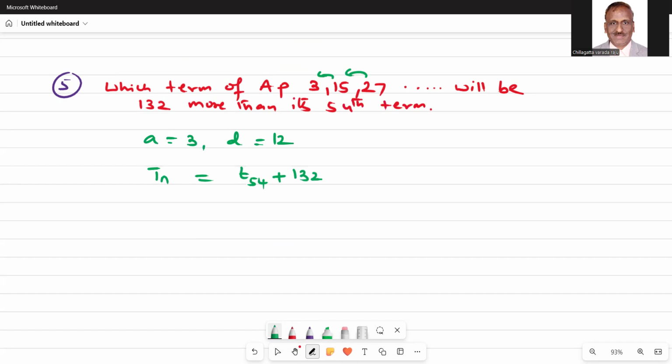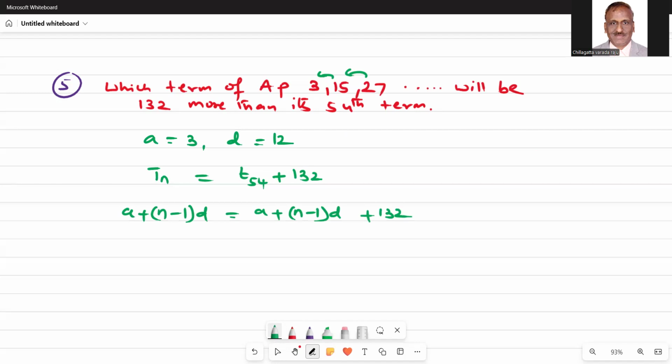So Tn is equal to the formula A plus n minus 1 into D. For T54, here also we will use A plus n minus 1 into D, plus 132.